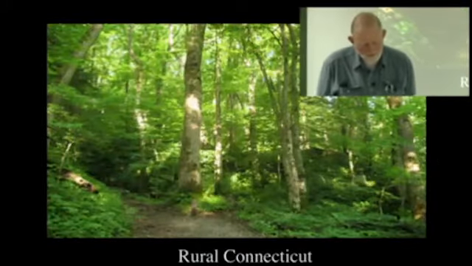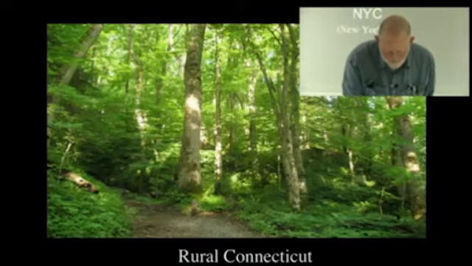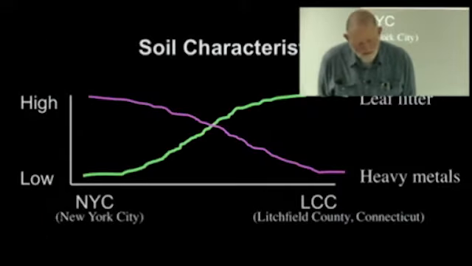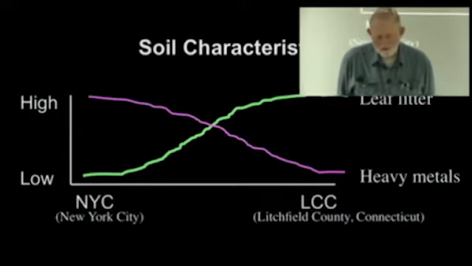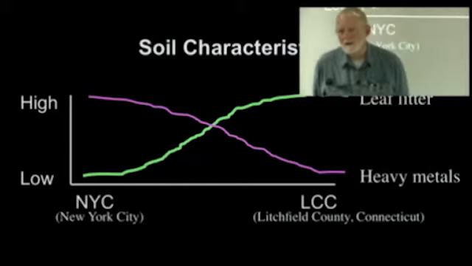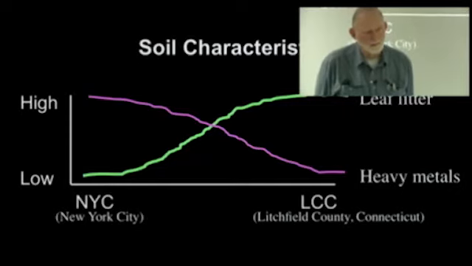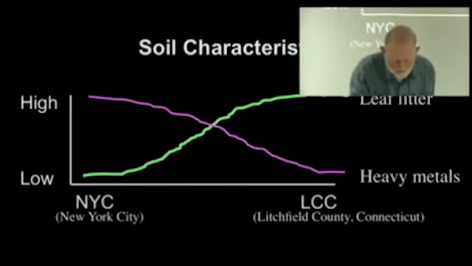This is an example of the forests in Litchfield, Connecticut. In terms of the soils beneath those forests, leaf litter concentrations were high. The amount of heavy metals in those soils was quite low, whereas heavy metals were part of the pollution problem in New York City.